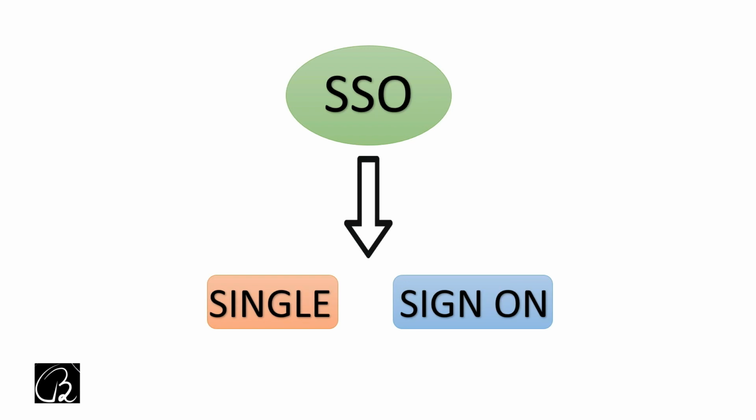So if I sum it up, it means one-time sign-on to some applications. Obviously it should be an application or some website, whatever. We cannot predict more than that, right? So it's my request to you, keep this in your mind so that when you learn about SSO in detail, you can relate to it.